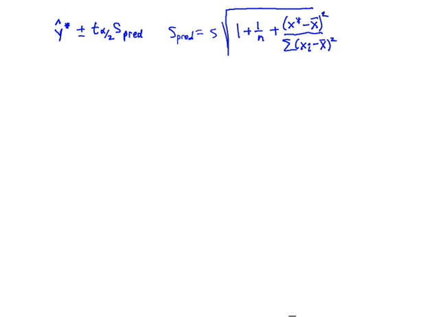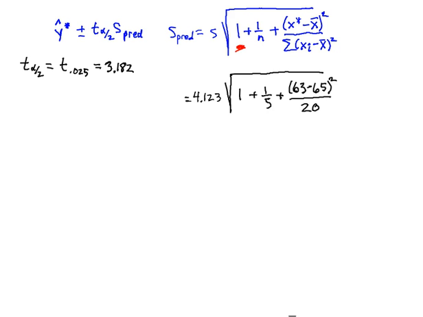Now the formula here for the prediction interval is very much like the one we just used. I would say that the only difference is, except for some notation, the fact that I've added a 1 under the radical sign for the standard error. So I'm going to plug back in all the values where we plugged them in before.